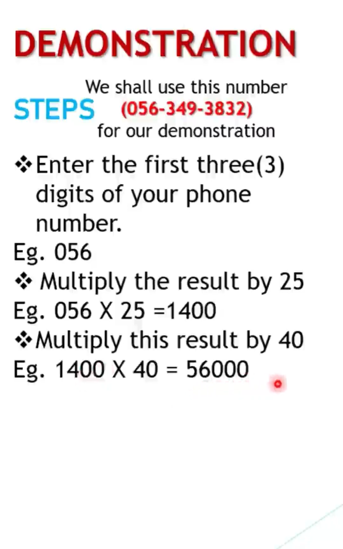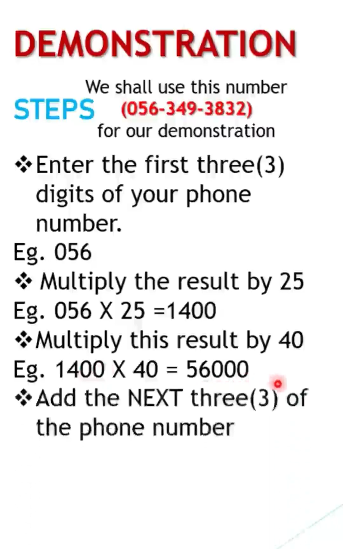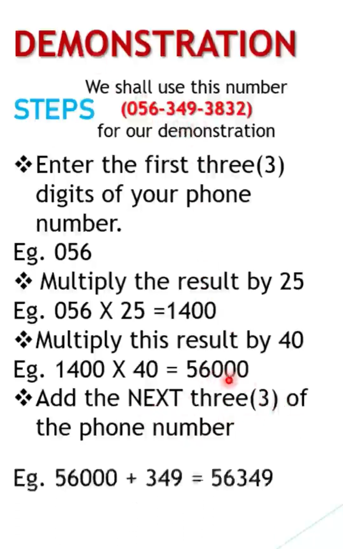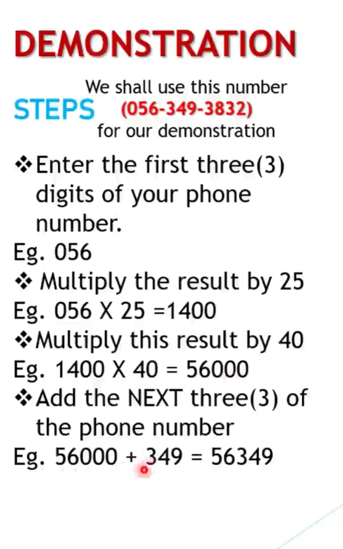The next is to add the next 3 digits of the phone number. So the next 3 is 349. So I add 56,000 plus the next 3 digits, which is 349. Then you get this result.